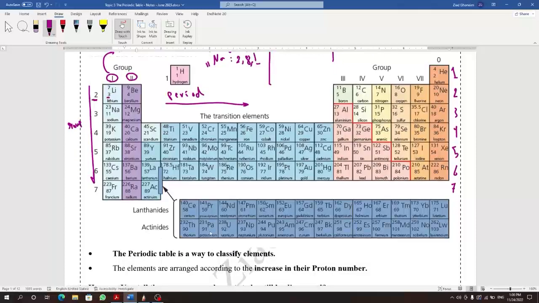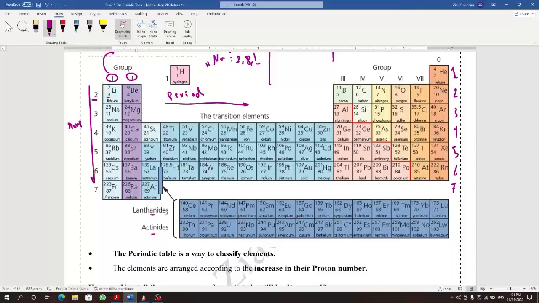Below the periodic table we have these two periods, the lanthanides and the actinides. These two were originally placed in the middle of the periodic table, but placing them there would make the periodic table way too long, so they had to separate them below the periodic table.